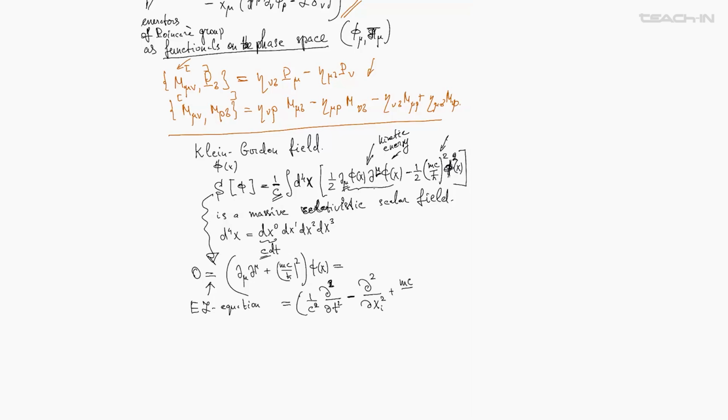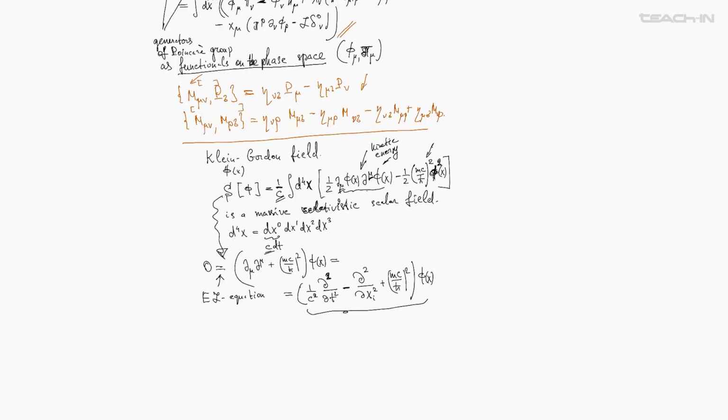This equation has the name of the Klein-Gordon equation. Sometimes it's also written with the operator ∂_μ∂^μ replaced by a box, where box is by definition the wave operator.